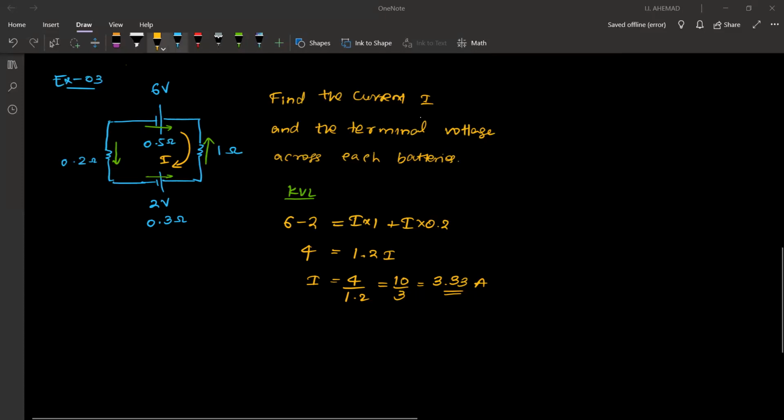Okay, then let's try another example. Example 4. Here we have two resistors (16 ohm and 14 ohm).